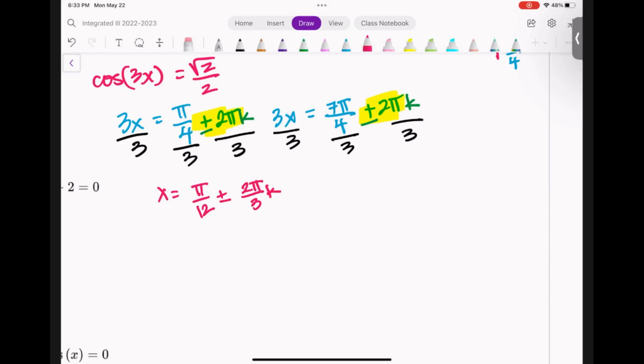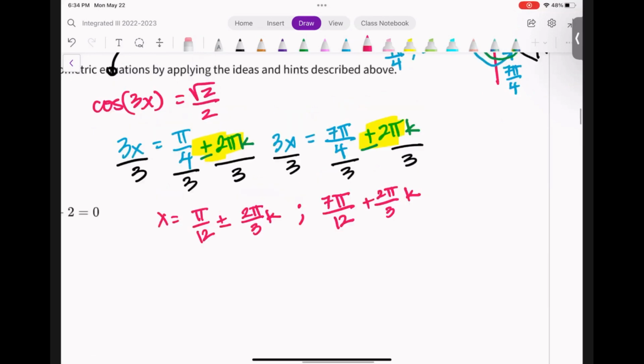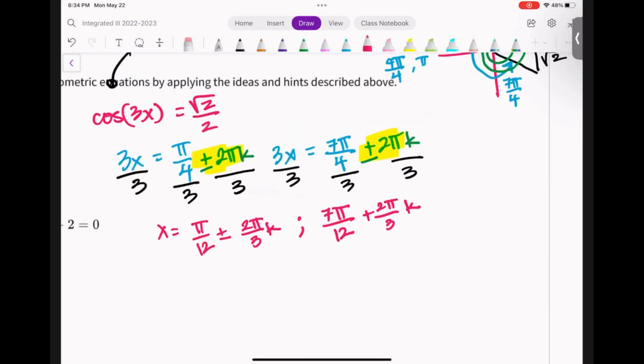So for those of you who are like, wait, what? The other side is going to be 7 pi over 12 plus 2 pi over 3k. So in case you don't believe me, where did the 2 pi over 3 come from? It comes from this. If you remember, our period is 2 pi equals B times P, where B is that 3.